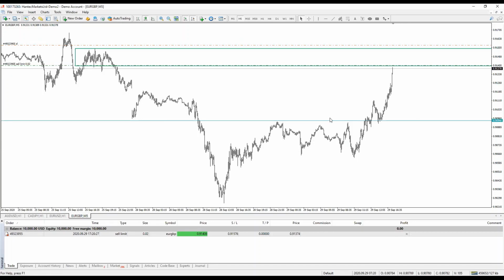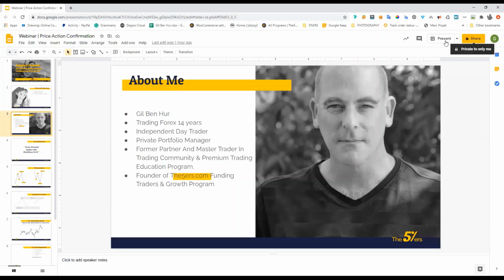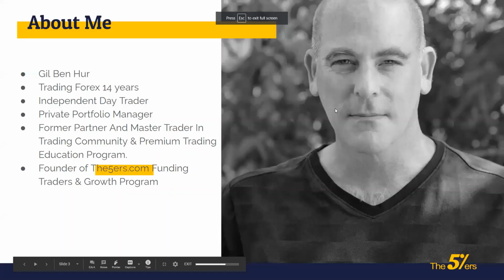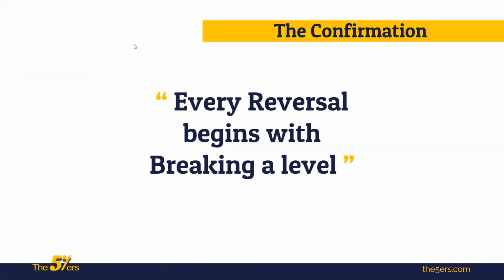Now let's move on to the model while we wait for this to react. So moving back to the presentation. Okay, so now we have a new concept to bear in mind.